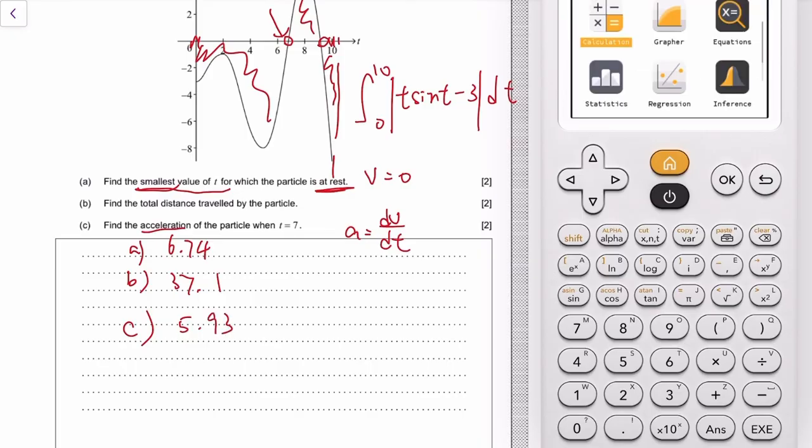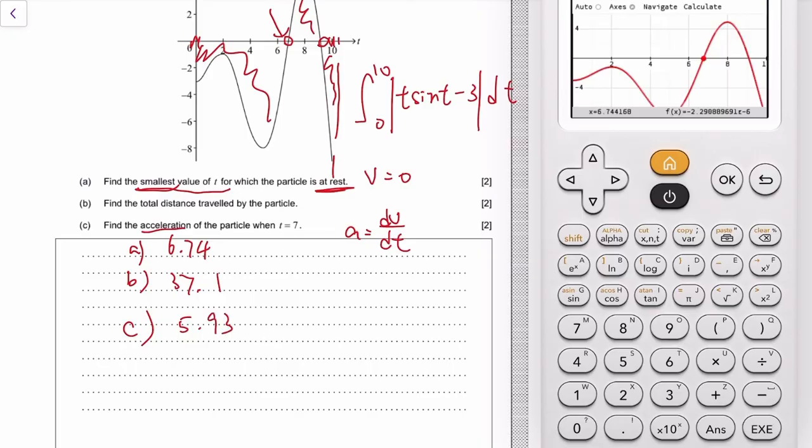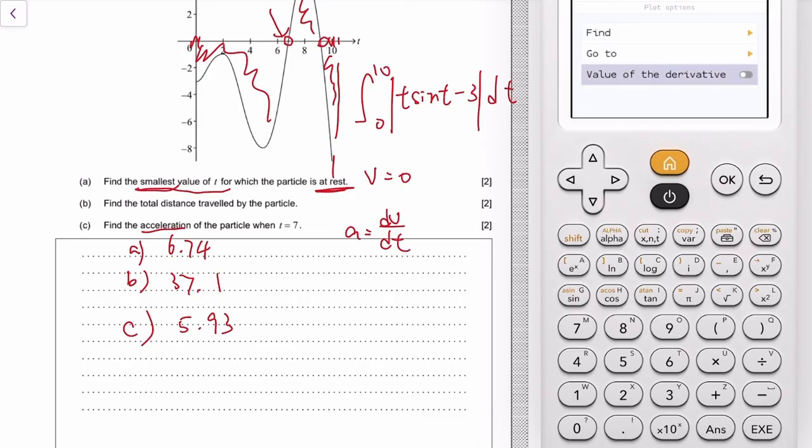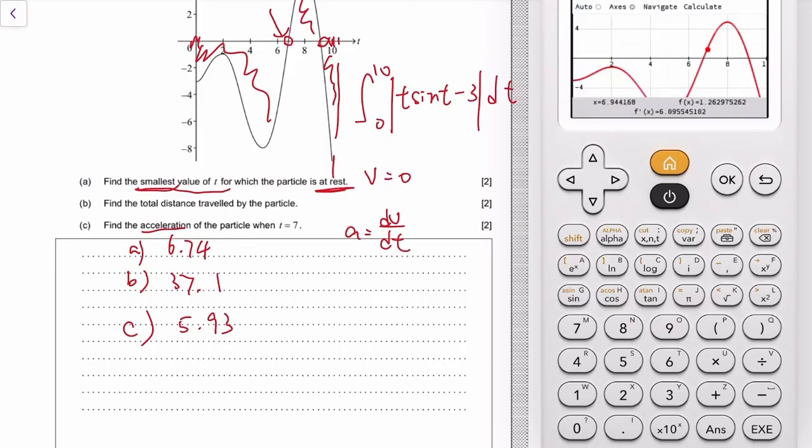The other way would be you go back to the graph, and then here you should be able to... Most calculators have the function of finding the value of a derivative. Yours may not be this obvious. It probably looks like d dx or something. So let's do that, and then you make x to be 7.